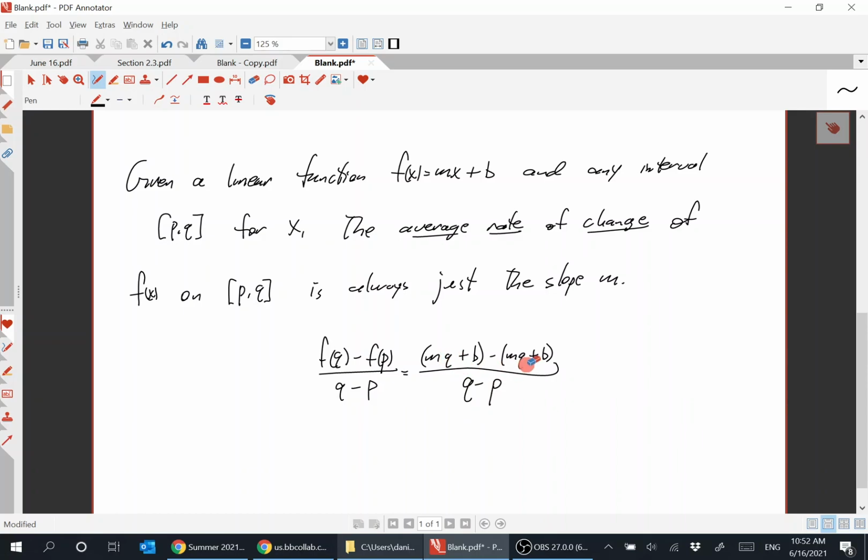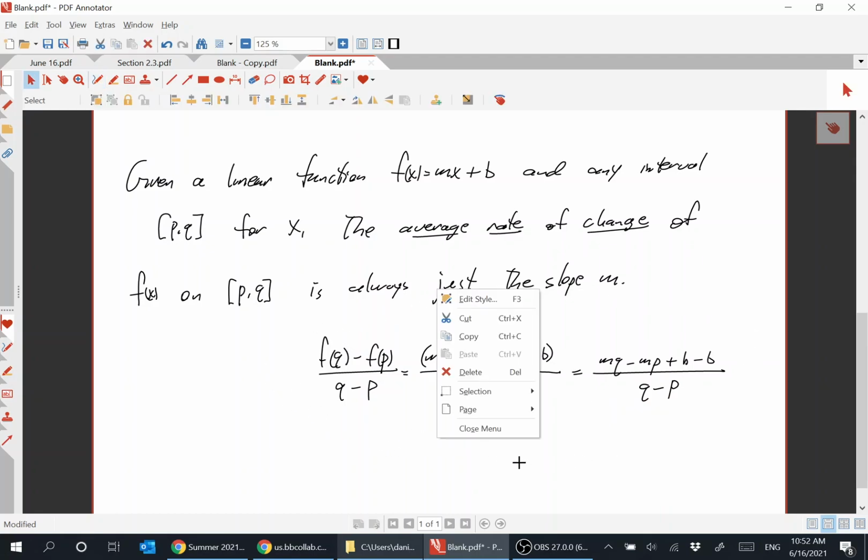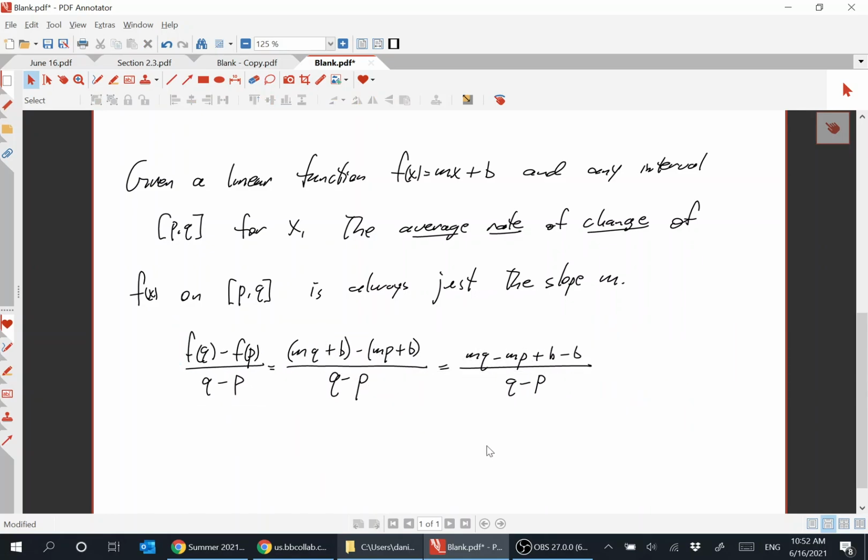So this is mq plus b minus mp plus b. So mq minus mp plus b minus b over q minus p. So these go away, and we can factor out an m here. So it's m times q minus p over q minus p. So those cancel, and you just get m.